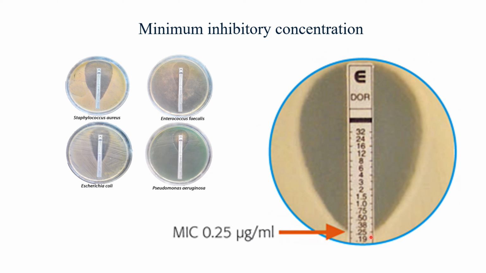The zone of inhibition starts at this point, that is 0.25 milligram per ml. So this 0.25 milligram per ml is the minimum inhibitory concentration.